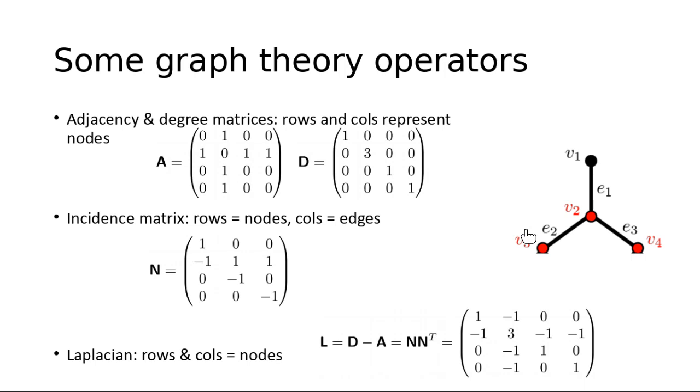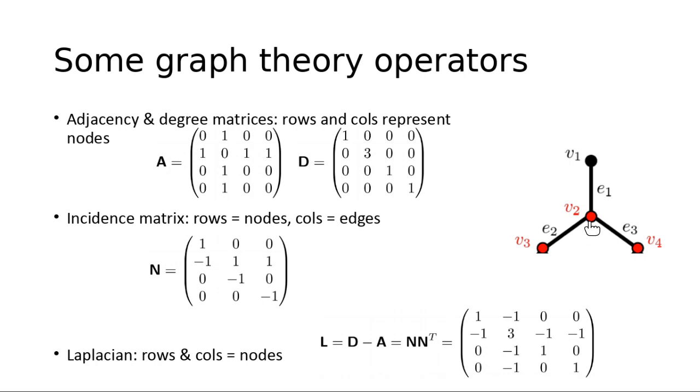An important operator, especially when we're thinking about a lot of physical processes, is the network Laplacian. This can be written as the degree minus the adjacency, or it can be written as the incidence matrix multiplied by its transpose. And it looks like the finite element Laplacian you would expect to get from a grid that looks like this.